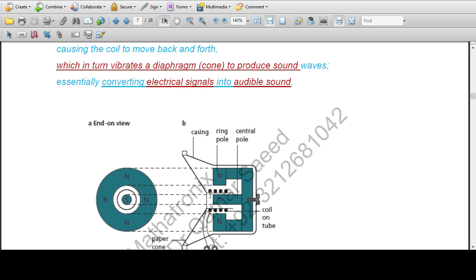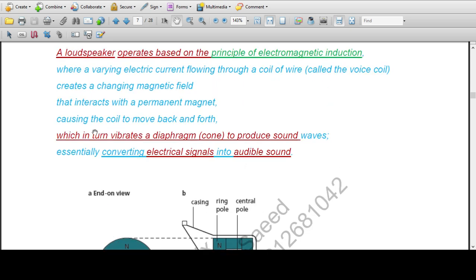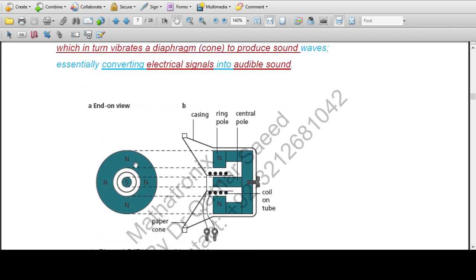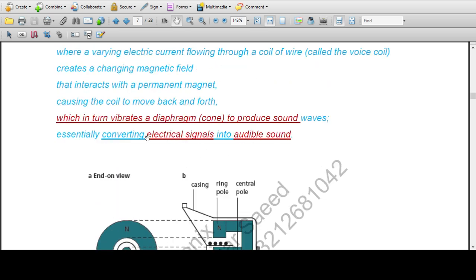The coil moves back and forth like this. As a result, the attached diaphragm cone vibrates. This cone is outside, and as it vibrates, sound is produced.